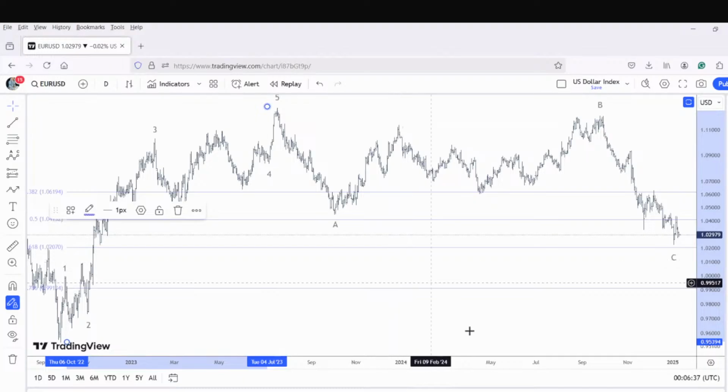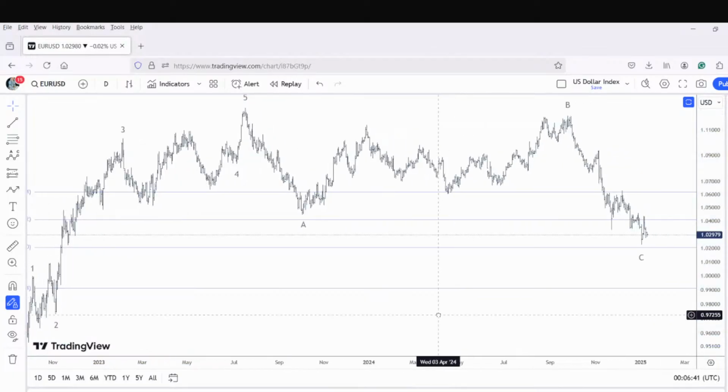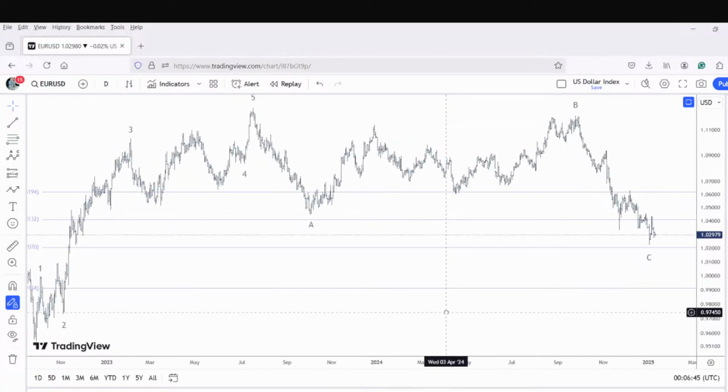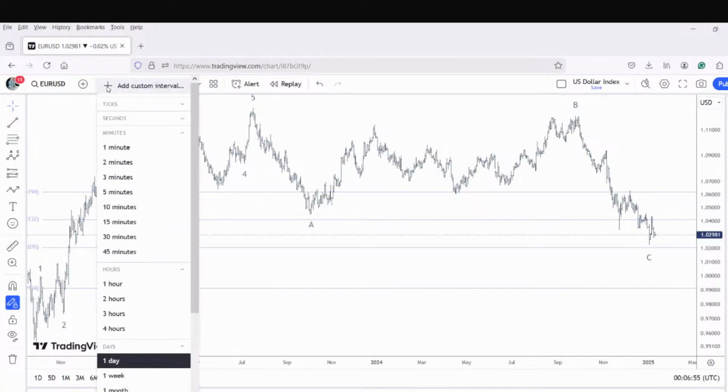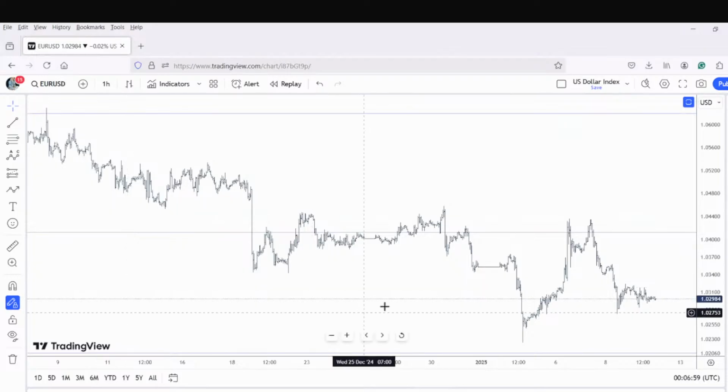So predominantly, we are looking to buy euro. We've already bought, and if you're joining fresh, we are still around the same price action. But if you have done correct, then it's not going to remain here for long. So now let's get down to an hourly chart to quickly find out the trade setup.